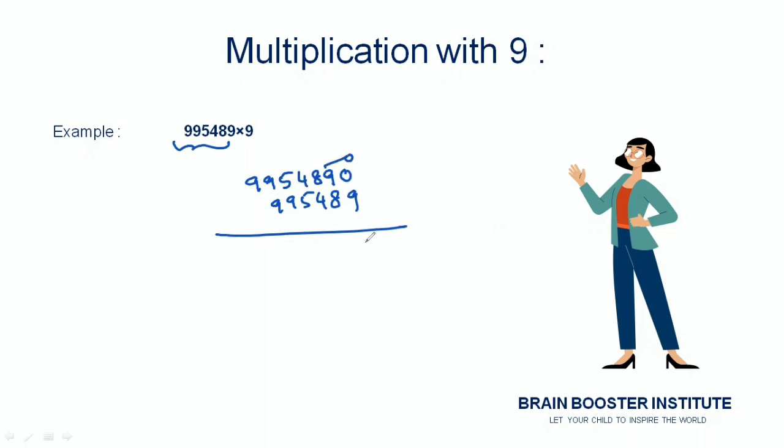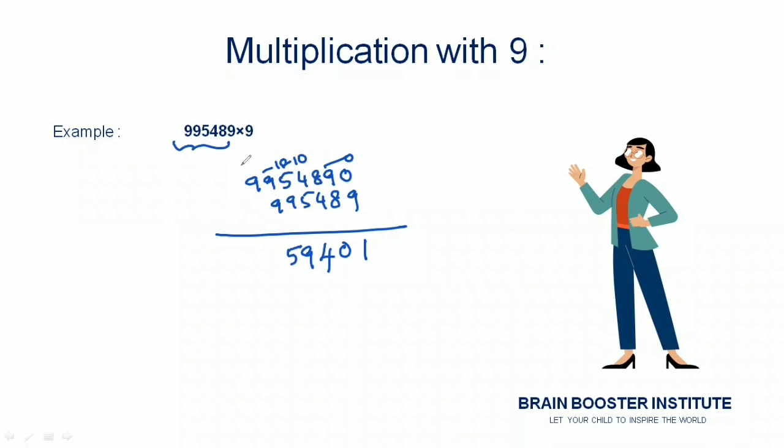Now 10 minus 9 is 1, and here 8 will be there as we have carried forward. And 8 minus 8 is equal to 0, and 8 minus 4 is 4. And again, the 4 is less than 5, so take a carry forward, and 14 minus 5 is 9. And here 4 will be there. Again, if we can't cancel it, take a carry forward, and 14 minus 9 is equal to 5.